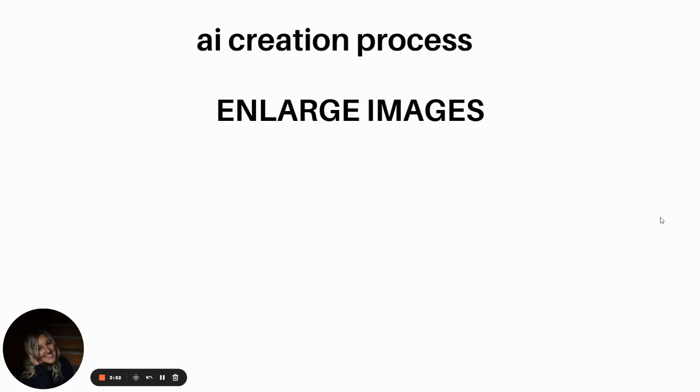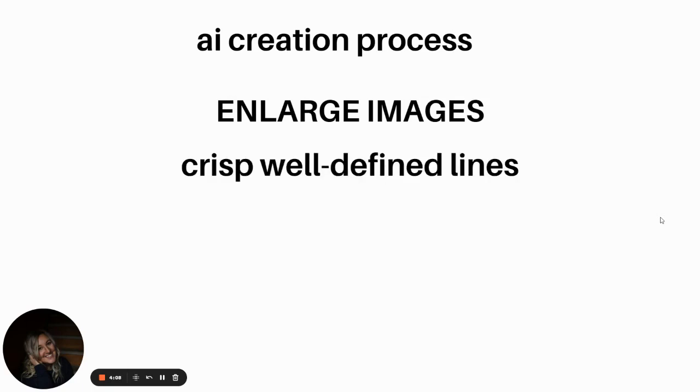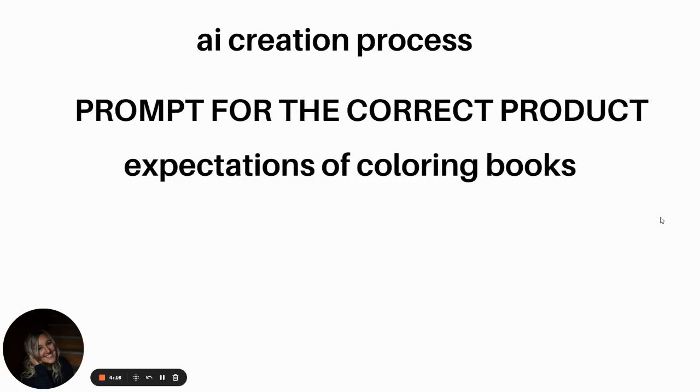The reason why you need to enlarge your images is because if you do not, they will be pixelated when they are printed, and that is not a good customer experience, okay? And you don't want to copyright something that looks bad. You don't want to copyright something that's all pixelated. So it needs to be crisp, well-defined lines, and this is the AI creation process mostly for coloring books.